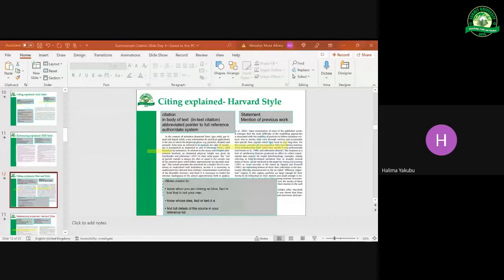Sir, if I've gotten the presentation right, you mentioned that most work that one cites, quotes, summarizes or paraphrases should be cited. If that's the case, it's like 80 to 90% of the work will be from someone else's work.